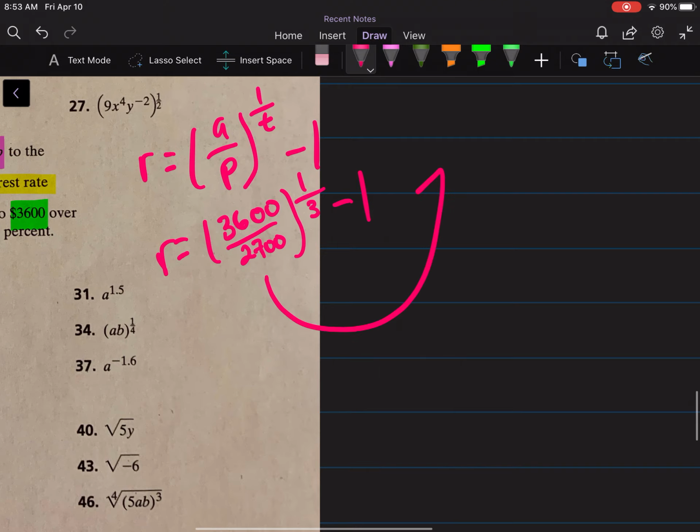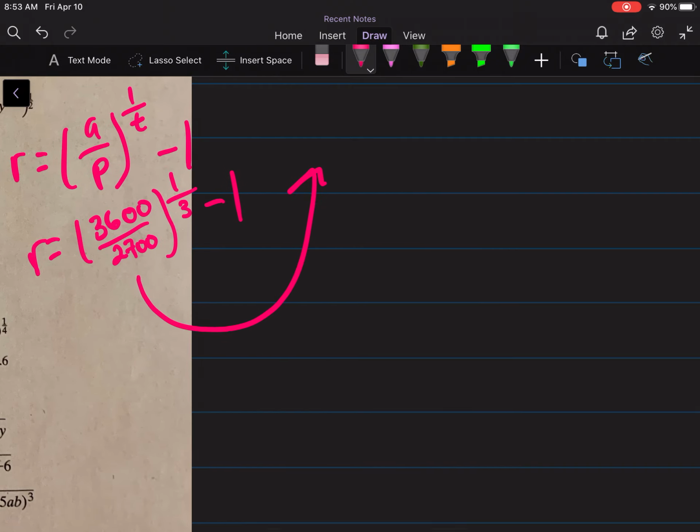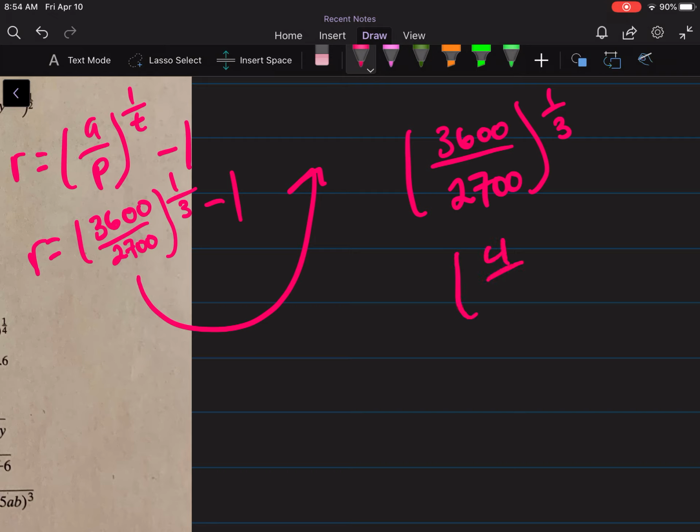So let's deal with this first chunk here. We have 3,600 over 2,700 to the 1/3. Let's reduce that. I would suggest using your graphing calculator to reduce that 3,600 over 2,700. When you reduce it, you get 4 over 3 to the 1/3 power.